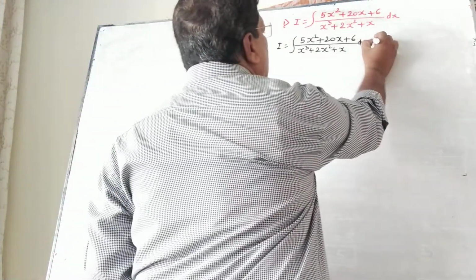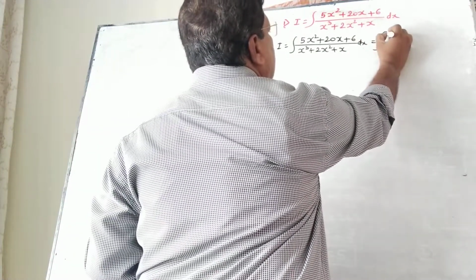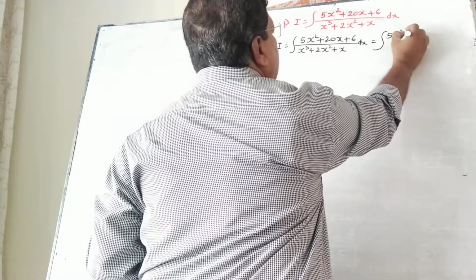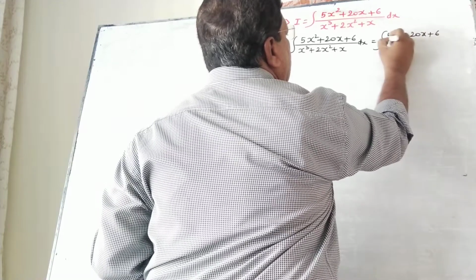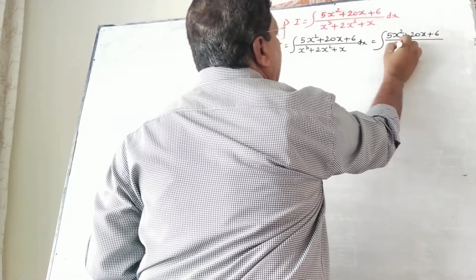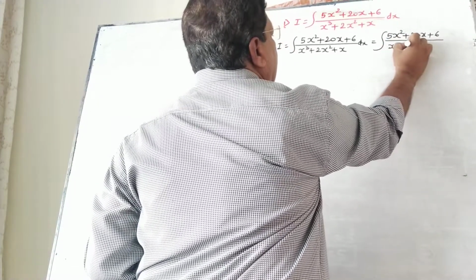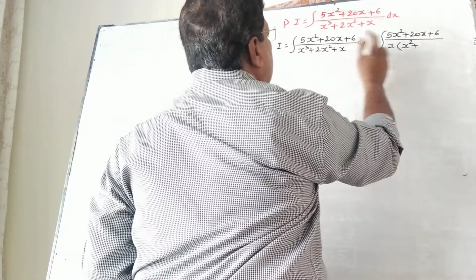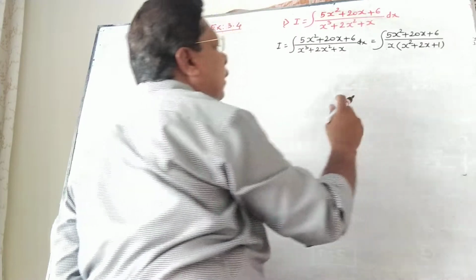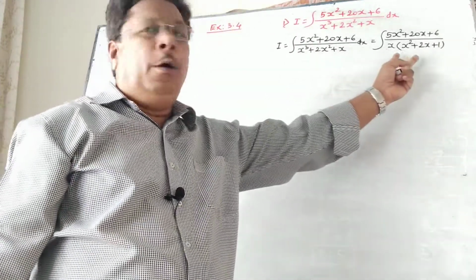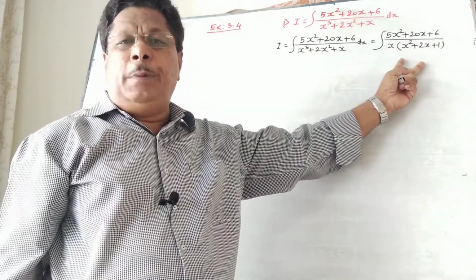If we take x common from the denominator, it becomes 5x square plus 20x plus 6 upon x in bracket x square plus 2x plus 1. Now observe the bracket in the denominator, x square plus 2x plus 1.